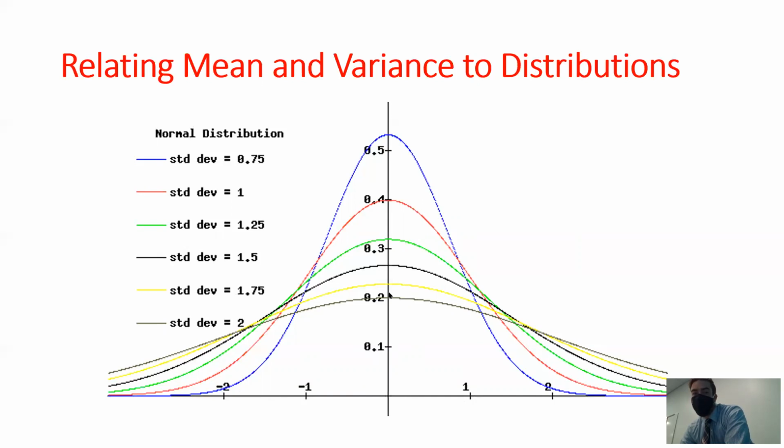So you can kind of see if I had a data set where I had a lot of values that were centered around that mean, that would mean I had a lower variance or a lower standard deviation, right? If all the values are really close to each other, there's not much variation, I'm going to end up with a pretty low variance or standard deviation. Okay?